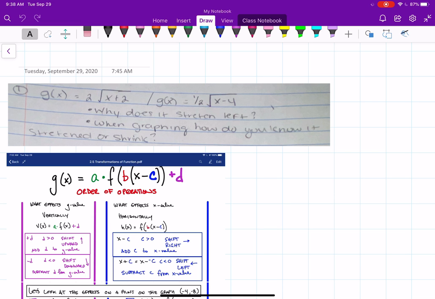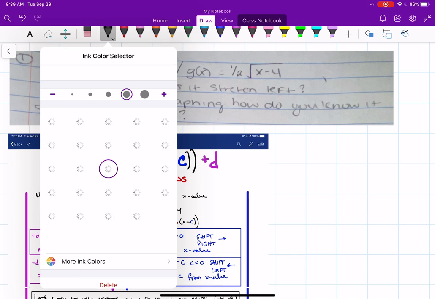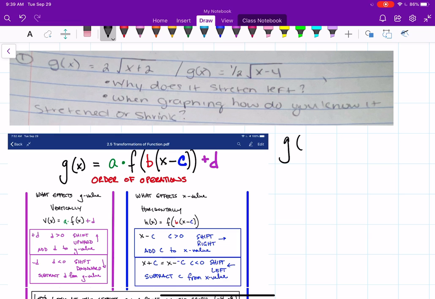Okay. So in the 2.5 notes, when I redid them, it became a little clearer for everybody. So if I have, let's take your first one, g of x is equal to 2 square root of x plus 2, okay? I want to look at this plus 2 part of it first.